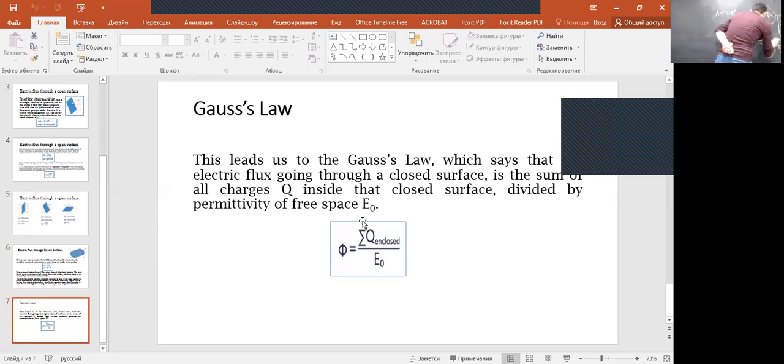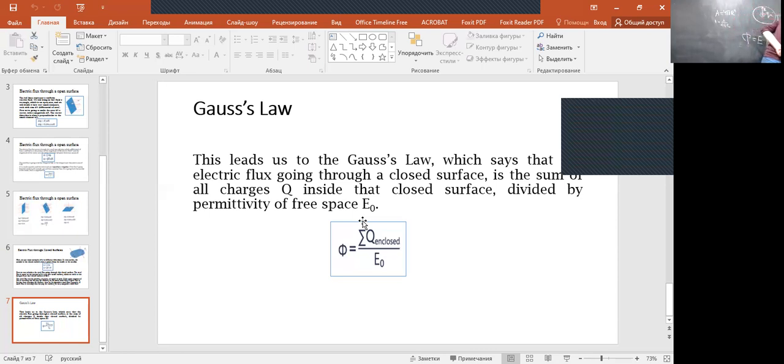And the K is equal to 1 divided by 4 pi epsilon 0, right? So instead of K we put 1 over 4 pi epsilon 0.